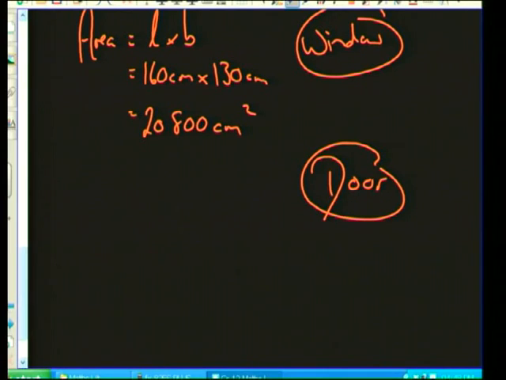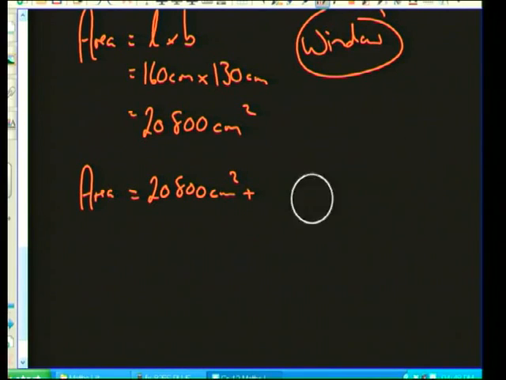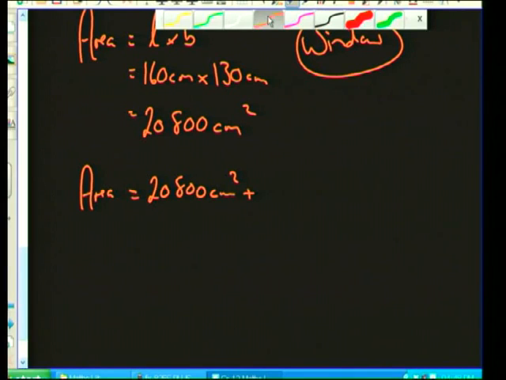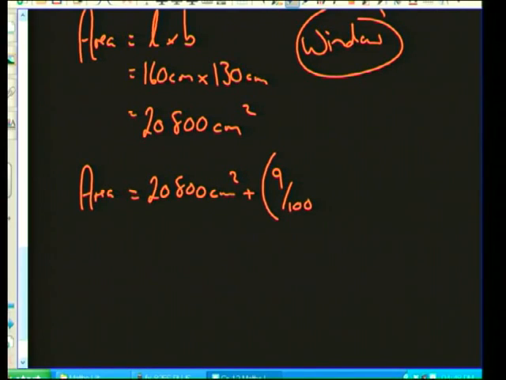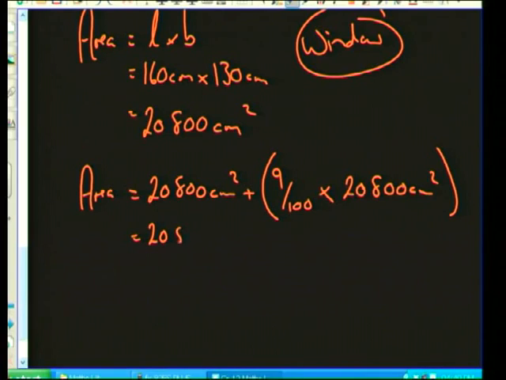The area of the door is going to be the 20,800 centimeters squared plus 9% of that 20,800 centimeters squared. So it's the same as the 20,800 centimeters squared plus another 9%.